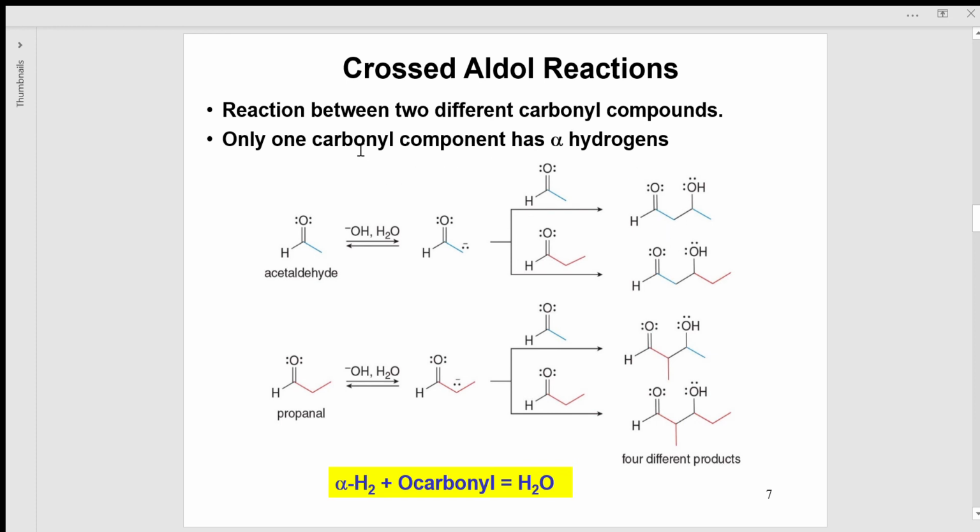So if only one of the carbonyl compounds has alpha hydrogen, this compound has to provide oxygen, and the other carbonyl compound will provide 2 alpha hydrogens to do the aldol condensation reaction. In that case, we have only one final product. Again, the secret is 1 oxygen from one carbonyl molecule and 2 hydrogens from the second carbonyl molecule.